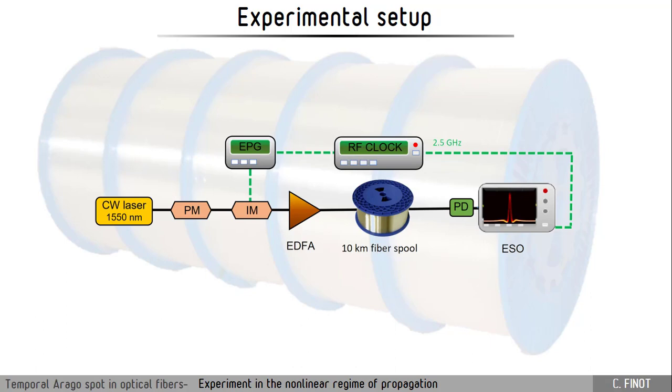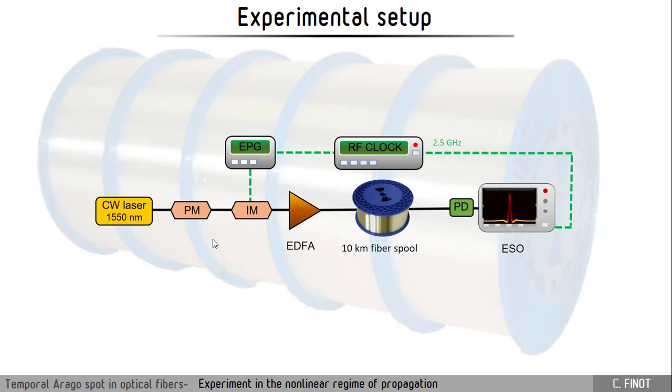So to mitigate this Brillouin backscattering, we have used a phase modulation here that will increase the linewidth of the initial continuous wave laser. The cost of using this phase modulator is that we will not be able to use our optical spectrum analyzer anymore, so we will not have access to the phase pattern anymore.